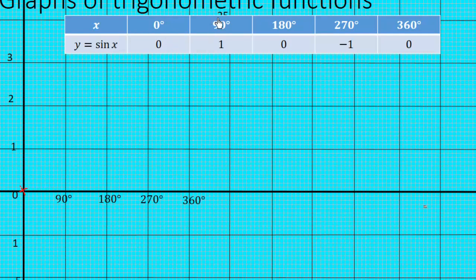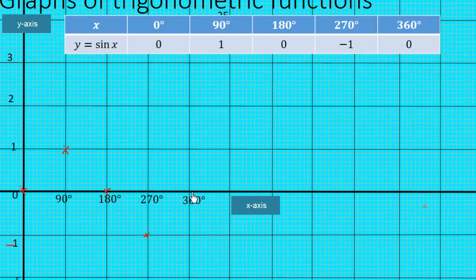Then the next one is 90 degrees against 1, so we plot it over here. Then 180 against 0. The next one is 270 against -1, which is here.